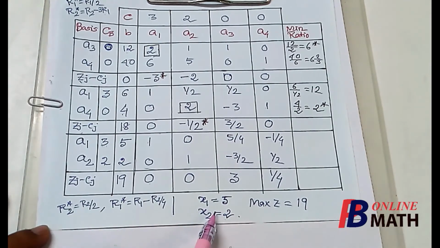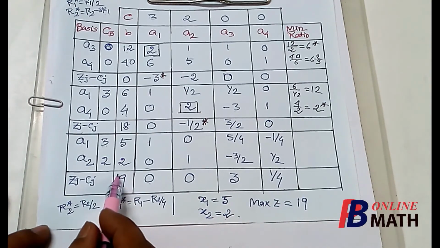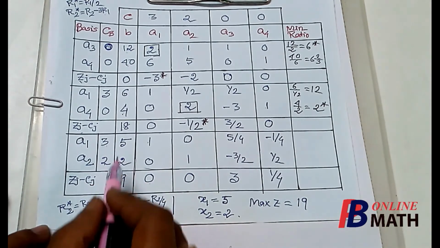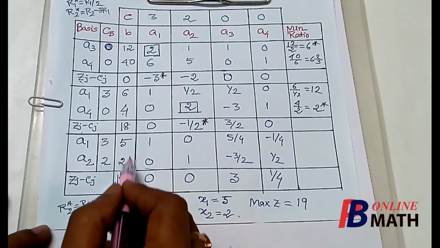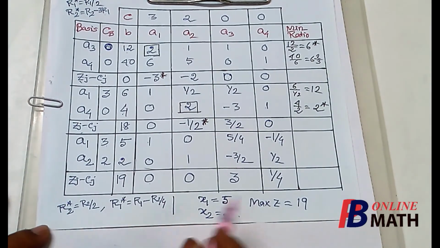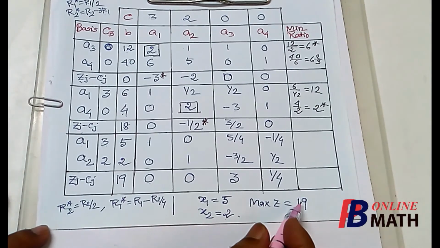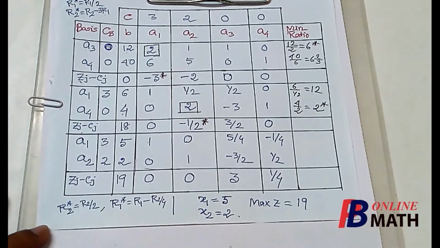And the corresponding value of the objective function z is 19, which can be found by this value. So remember that the solution set can be found from the column of B, and the value of the objective function is this value. So maximum of z equal to 19 at x1 equal to 5 and x2 equal to 2. So that completes the solution.